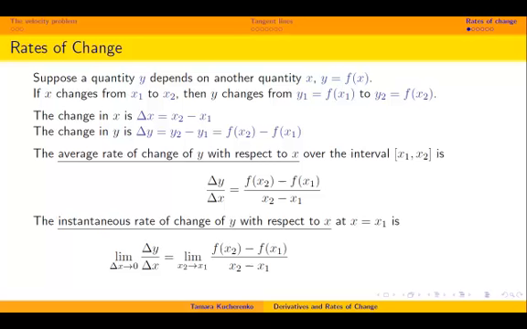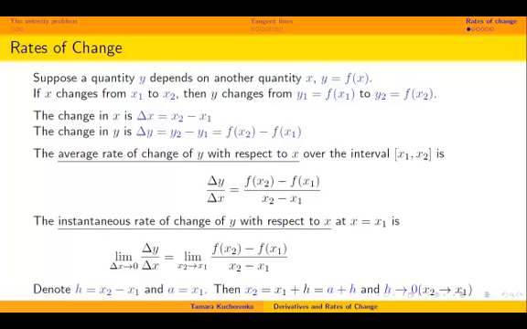The word instantaneous is often dropped. When we use the term rate of change, it is understood that the instantaneous rate is intended. Let's denote by h the change in x, x2 minus x1, and denote point x1 itself by a.